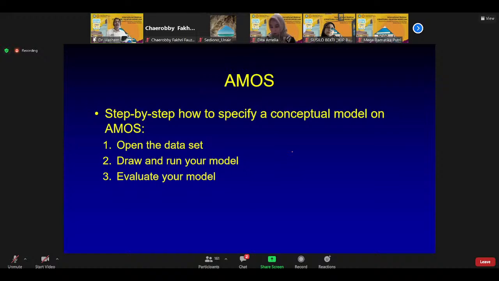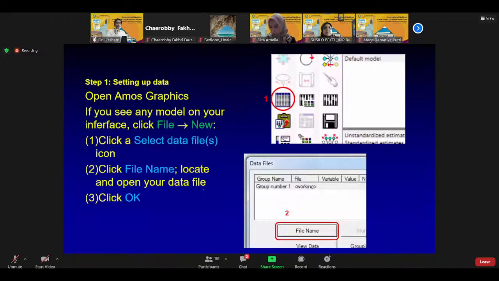So this is the main issue for SPSS: saving data, not data analysis. I'm talking about saving data, right? So it's better you save your data in an Excel file. Then draw and run your model, and then evaluate your model. That's all, right? This is the bottom that I mentioned here.